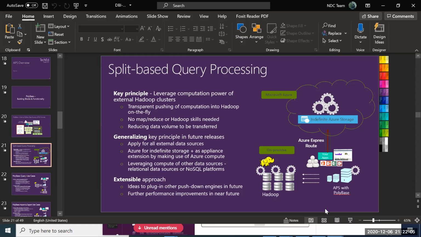So number one, the benefit is you need to know SQL, and number two is it reduces the data volume to be transferred, because you don't need every piece of data in one platform. You can query out of a data warehouse or other sources to get just the data that you need. Normally, and you will learn in the next section of the class, in enterprise architecture sometimes you don't dump everything in a data lake.